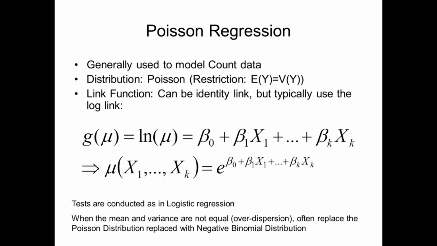Another family of generalized linear models is Poisson regression. Poisson regression is generally used to model count data. We have a Poisson distribution, and the main hypothesis in the Poisson distribution is that the mean of the dependent variable is equal to the variance of the dependent variable.